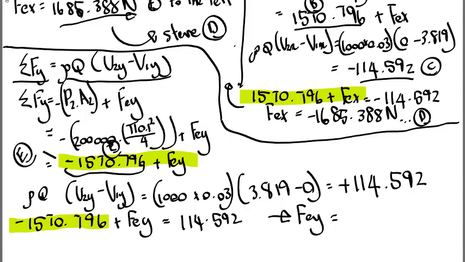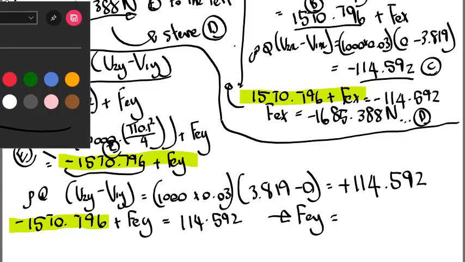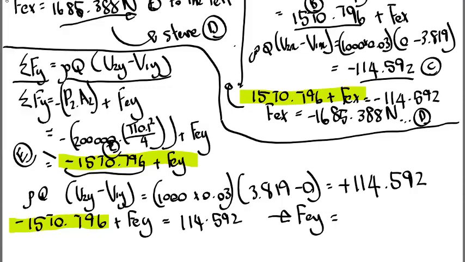Or you can say negative, because remember you stored that as a negative in your calculator. This is where you can maybe make a mistake. If you've stored it as a negative and you want to take it across to the other side, you still have to use the same sign. It's going to change to positive, but you have to be careful.